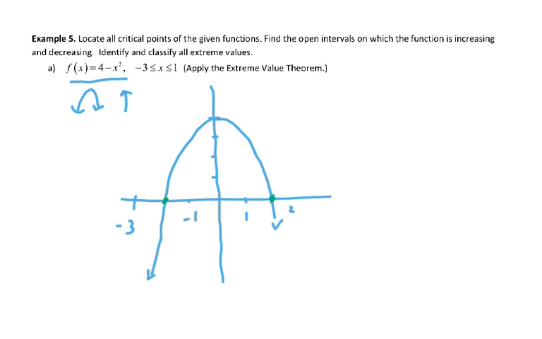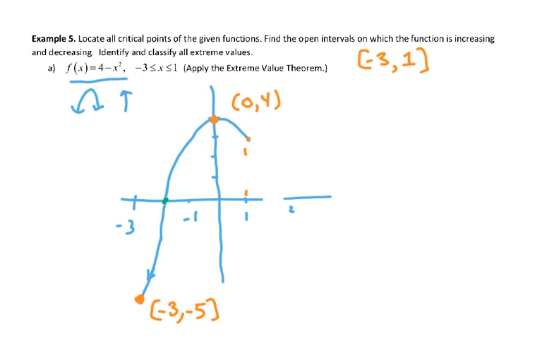Now we have a domain of negative 3 to positive 1. So that point down there at negative 3, let me draw this a little further. This was where we're going to cut this graph off with a solid dot at negative 3, negative 5. Here is our maximum of 0 and 4. The other endpoint was here, so we need to cut this piece of the graph off.